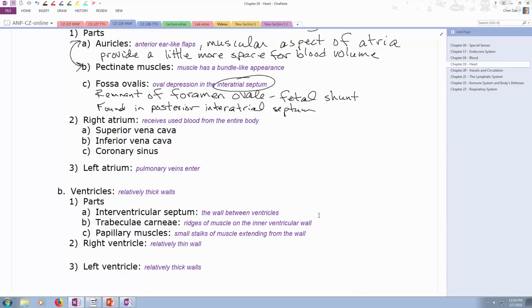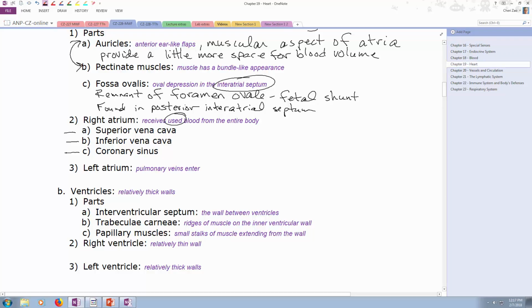So let's take a look at the part of the notes that talks about some of the differences between the right atrium and the left atrium. Well, the right atrium is receiving used blood from the entire body. Used means oxygen poor, carbon dioxide rich. Three ways to get into the right atrium are the superior vena cava, the inferior vena cava, and the coronary sinus.